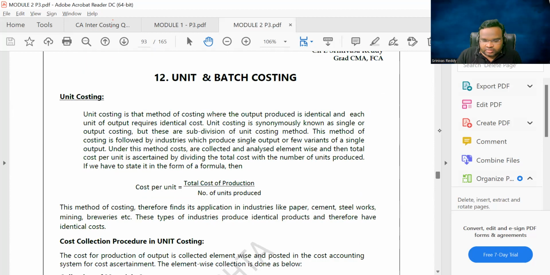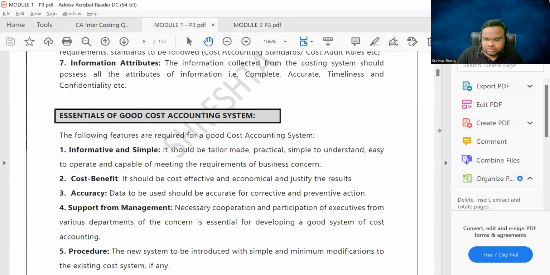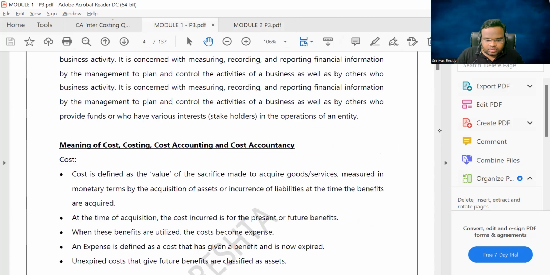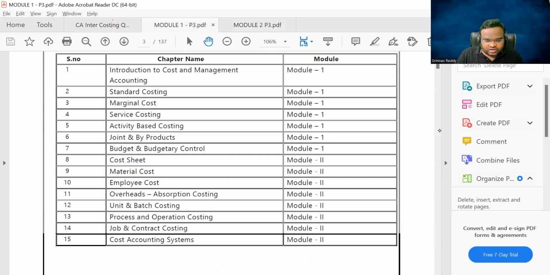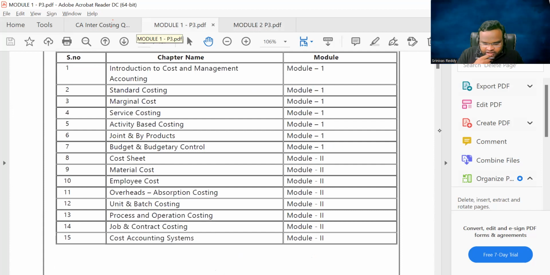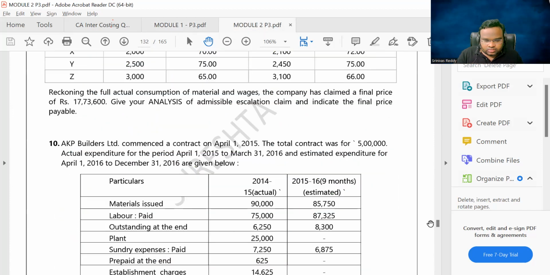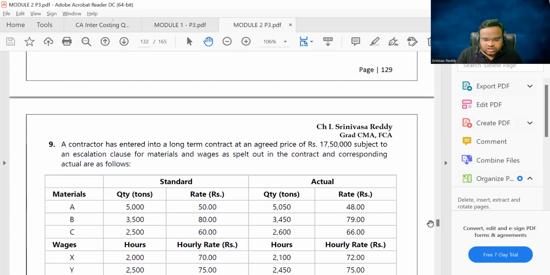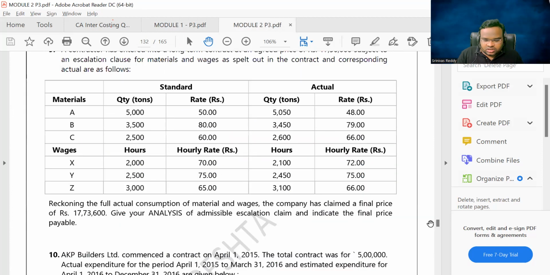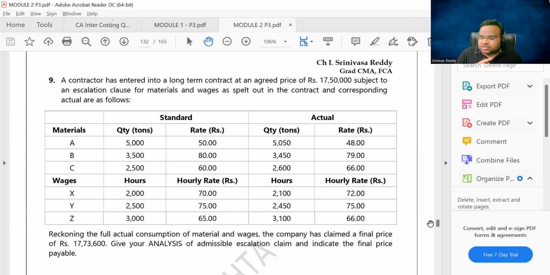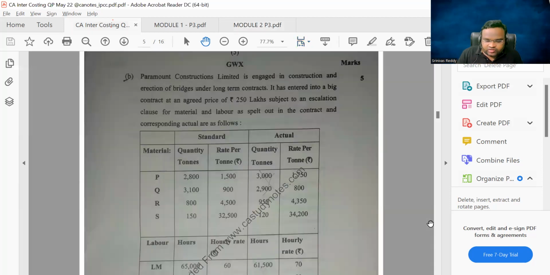So this is unit and batch costing. So in terms of our contract costing, that we have in chapter number 14. See this question, it is about the escalation clause. So a similar question we have there in terms of our material also.